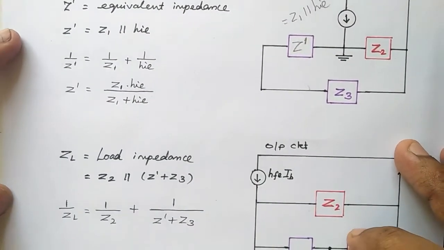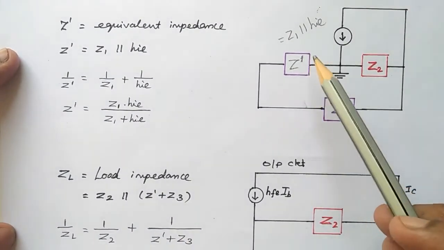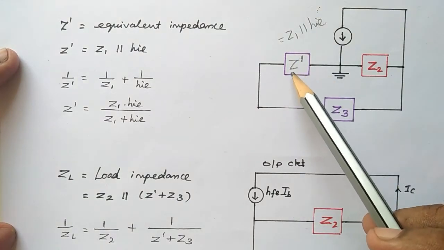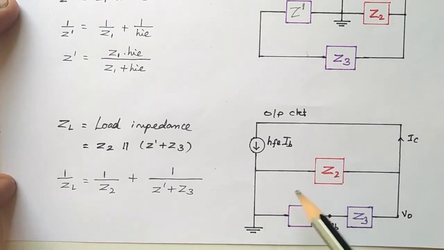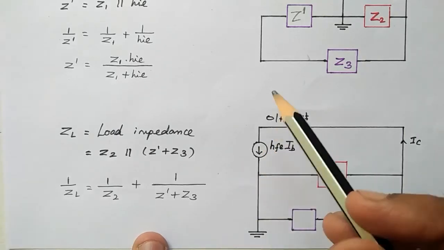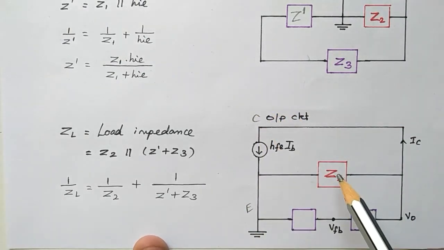Next, we go for finding the load impedance. Now one element is eliminated, combined as Z dash. Now we have to reform the output circuit. The output circuit is taken here. This is the collector terminal, this is the emitter terminal, and in between we have Z2.